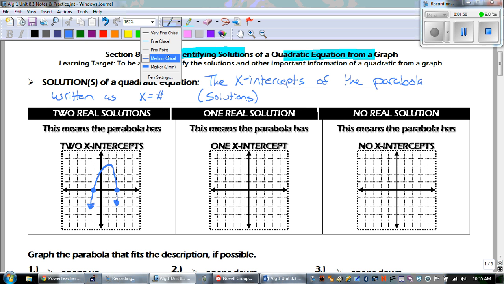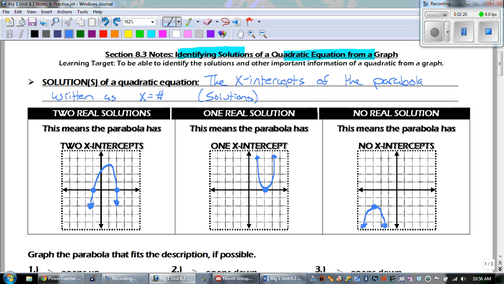One solution, well, your parabola touches the graph once, and that would be the vertex. And then no solutions, or no x-intercepts, would be, there's my vertex, and it were to open down. So it has no chance to come up and cross the x-axis.